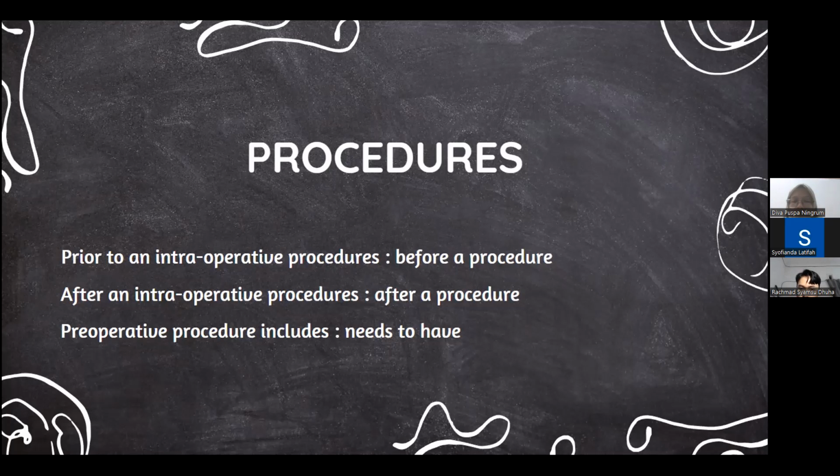The second one is after an intraoperative procedure. It means that after a procedure that has already taken place. And the last part is "the preoperative procedure includes". It means it needs to have something.